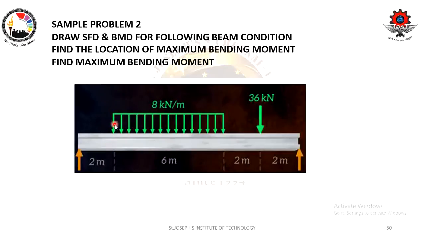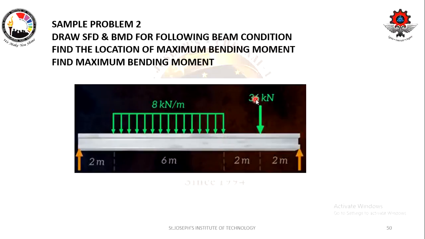We have a UDL of magnitude 8 kilonewton per meter that runs for a distance of 6 meters. It starts at a distance of 2 meters from the left support and ends at 8 meters from the left support, right?